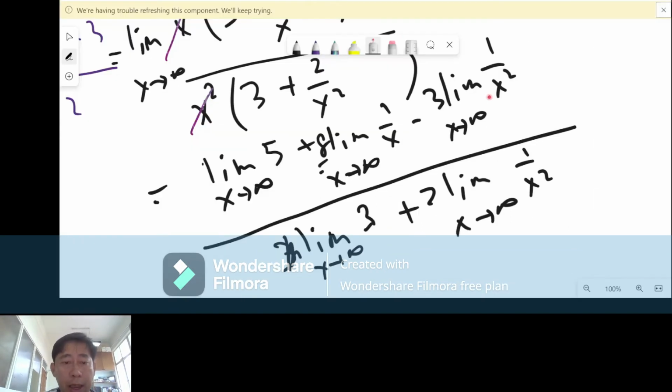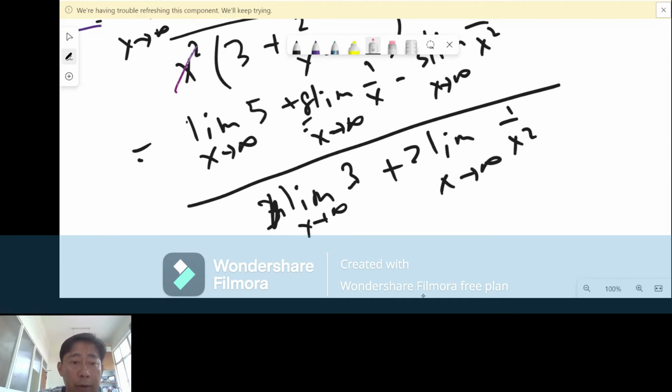So here I can quite comfortably write down the results of the next line. The limit of 5 remains 5, and the limit of 1 over x is shown to be 0.